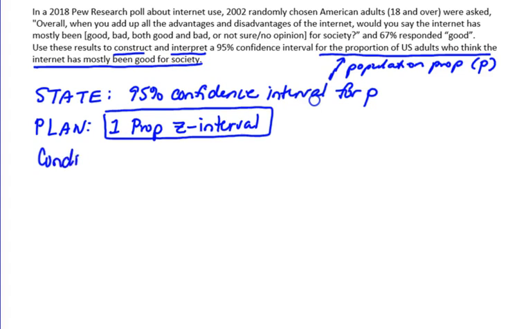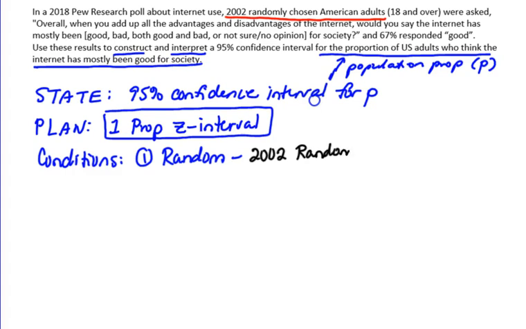There are three conditions. The first condition is the random condition. Was this data obtained from a random sample? And we can see up here that we do have a random sample. So we have 2002 randomly chosen U.S. adults.